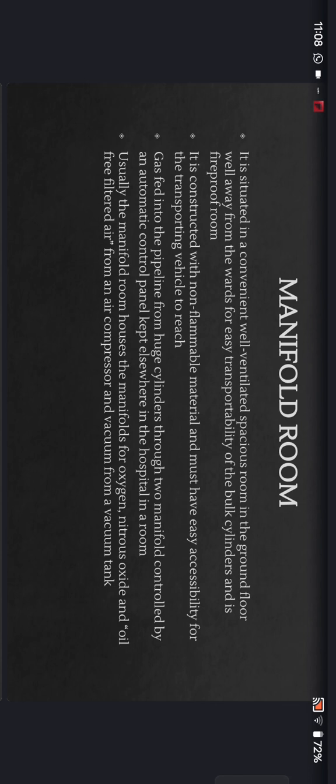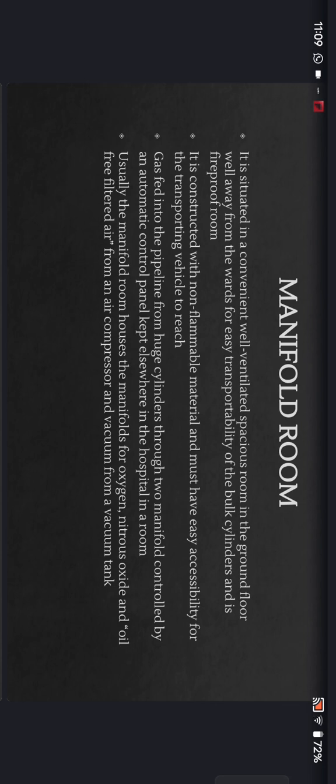It is situated in a convenient, well ventilated, spacious room, mostly located on the ground floor, well away from the wards for easy transportability of the bulk cylinders, and the room is made of fireproof material. Through those cylinders, with the help of pipelines, we supply the medical gases over the hospital.